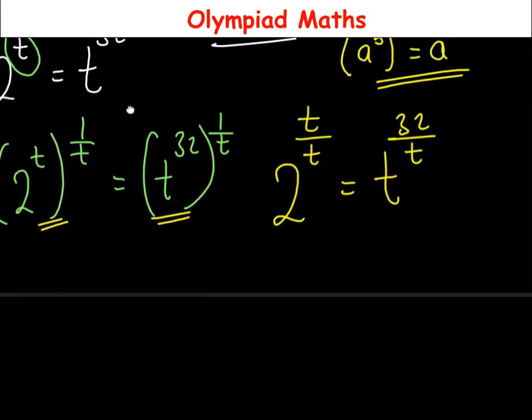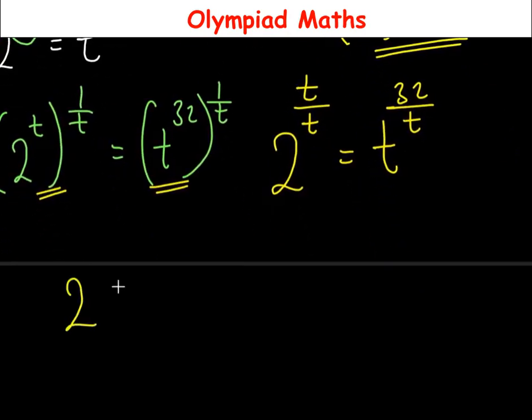And from here, simplifying this further, 2 power t cancel power t, and this is then equal to t raised to power 32 all over t.